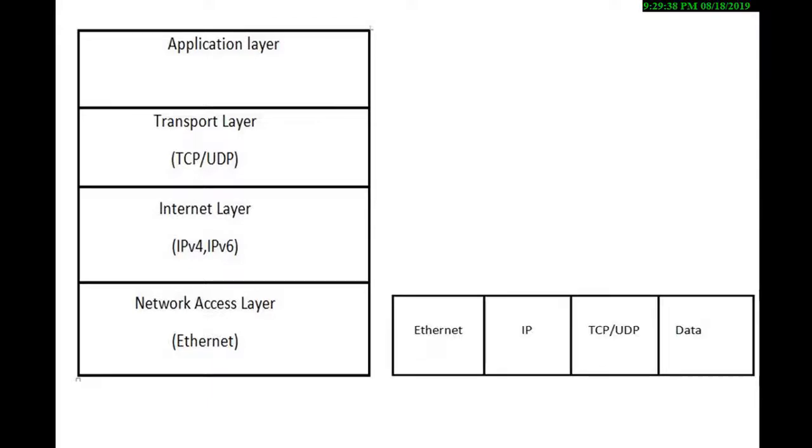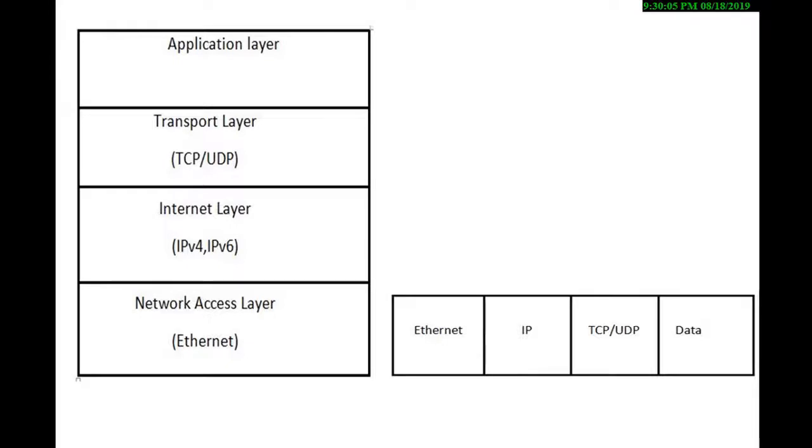In the network access layer, a protocol like Ethernet will encapsulate the whole packet by its header. What it means is that, like the other layers, it will look at the IP header, the TCP header, and the data all as its own datagram, and then it will add the Ethernet header.